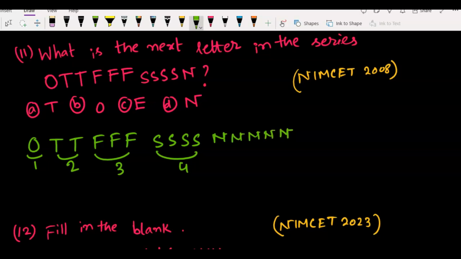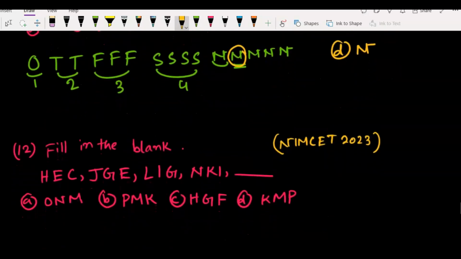So in here we have 1 N, so the next letter will be another N. So N will be the next letter. So option D is the correct answer.